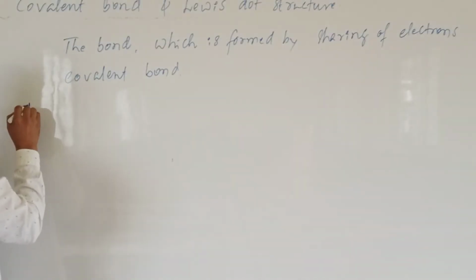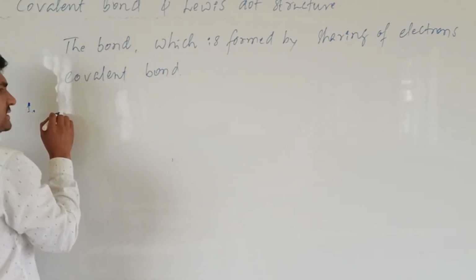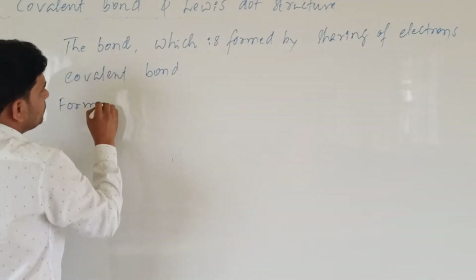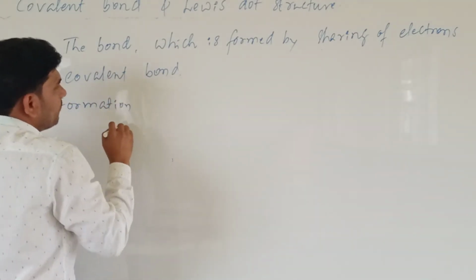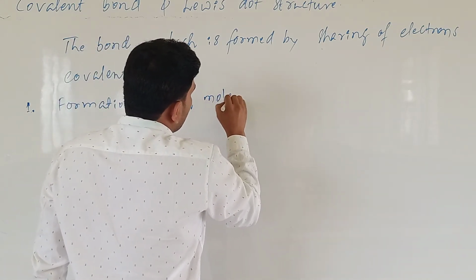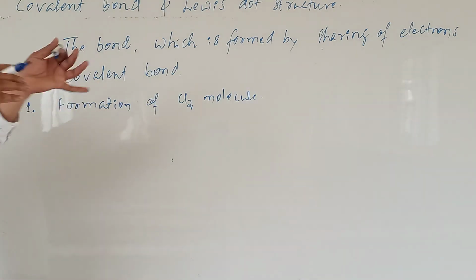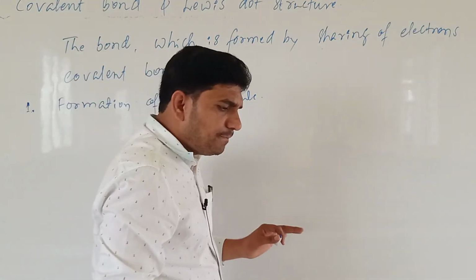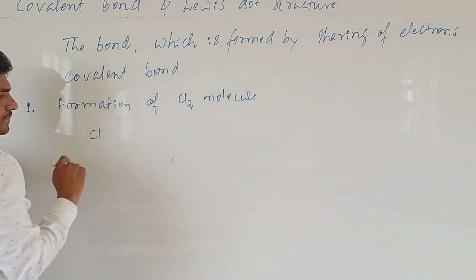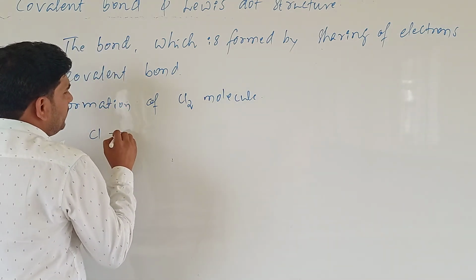In that, the first Lewis dot structure we will discuss today in this class is the formation of the Cl2 molecule. All of you listen carefully. This is a very simple and very interesting example. If you take chlorine, what is the electronic configuration of chlorine?